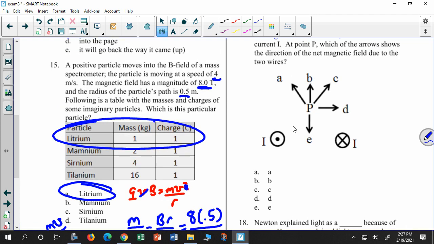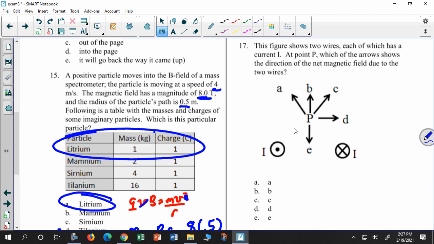Coming out to do this one. We did this today in class. We did one similar where we had the 4 wires, and I wanted to know what was the net magnetic field. So let's do the one on the left first. The current is coming out. I'll do it in blue. That means that the magnetic field is in this direction, right? Right-hand rule, thumb in the direction of the current.